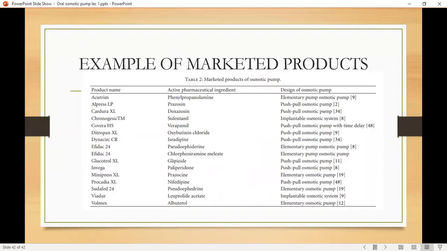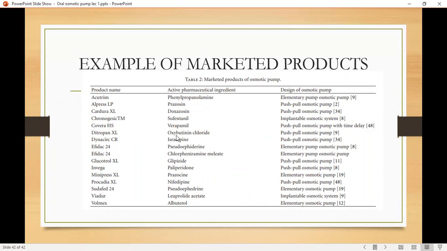Now students, examples of marketed products available as osmotic pumps. Acutrim, phenylpropanolamine, elementary osmotic pump. This is available as a design of osmotic pump. So you can see there are different types of drugs, the product names, and active pharmaceutical ingredients. These are the brand names of the products.